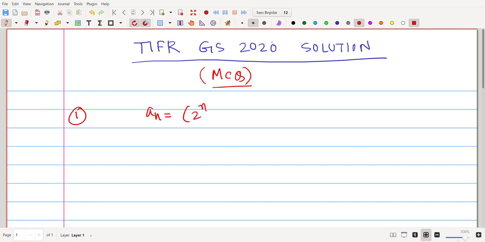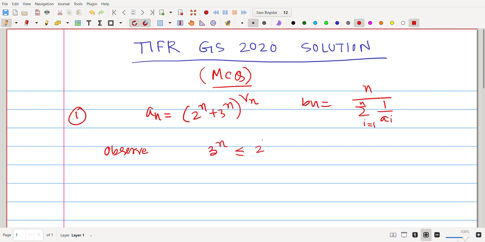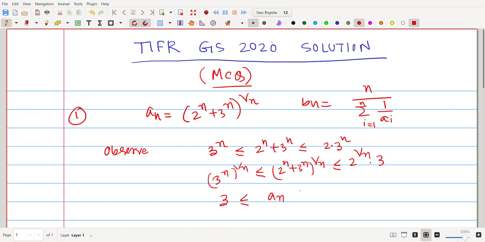So a_n is (2^n plus 3^n) whole power 1 by n, and b_n equals n by summation 1 by a_i, i equal to 1 to n. So observe that 3^n is less than or equal to 2^n plus 3^n, which is less than or equal to 2 times 3^n. Then you will have 3 less than or equal to a_n less than or equal to 2^(1/n) times 3.